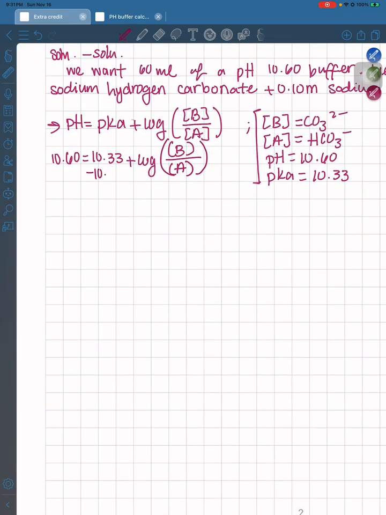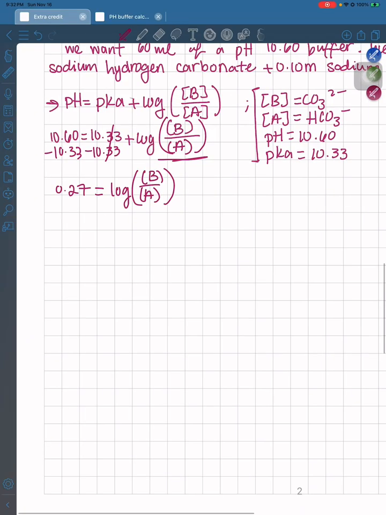Again, simply just subtract, try to get the variable, which is this right here, all by itself. 0.27 is equal to the log of our base over acid. Again, we simply just take the base 10, so we have 10 to the power 0.27, which is equal to our base over acid.